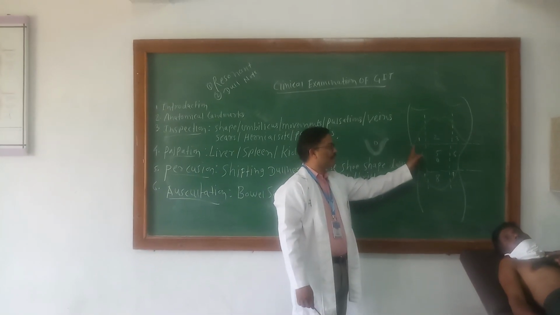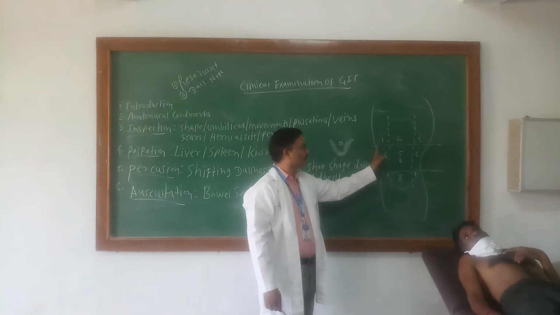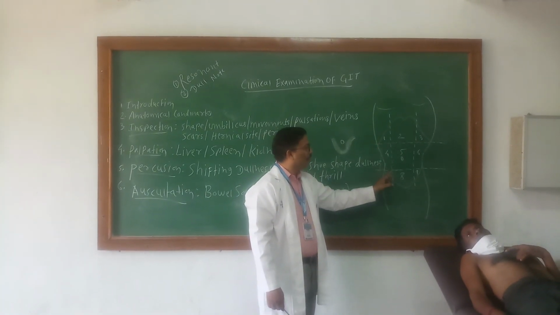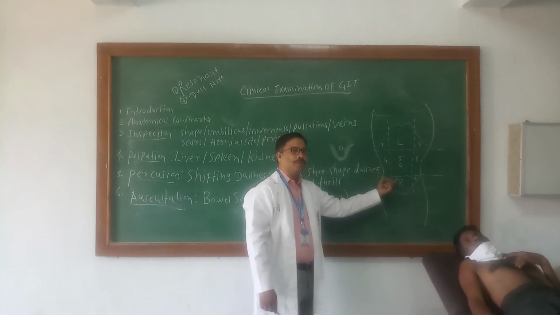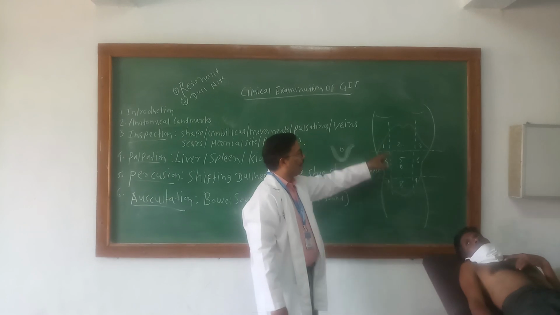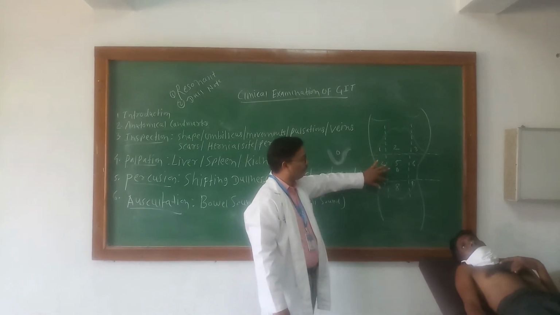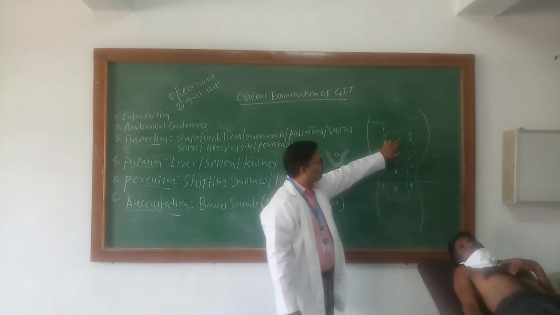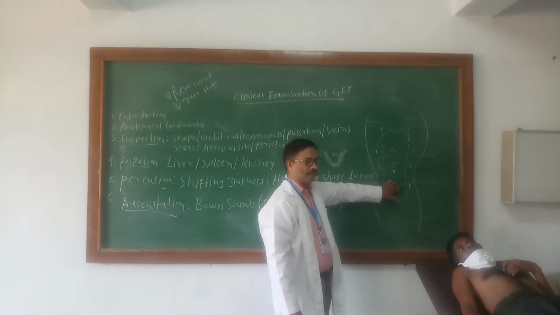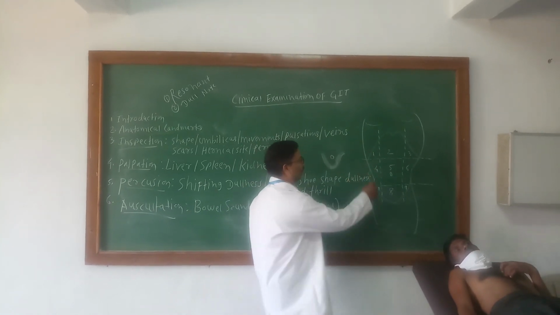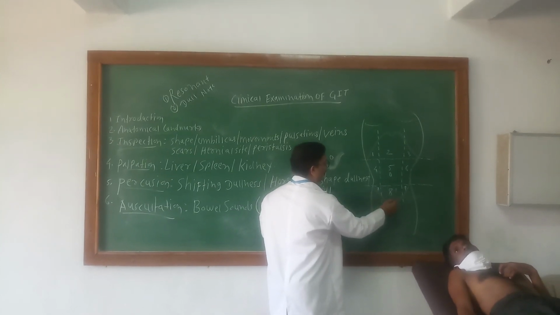The upper horizontal line passes along the lower margin of the costal cartilage or ribs, and the lower line connects the two iliac crests. The first vertical line passes from the mid clavicle to the mid inguinal point. The second line passes similarly from the mid clavicle to the mid inguinal region. So there are 9 quadrants.